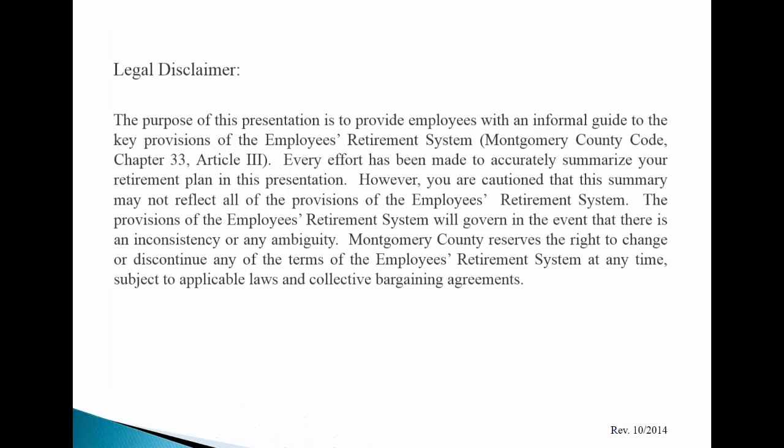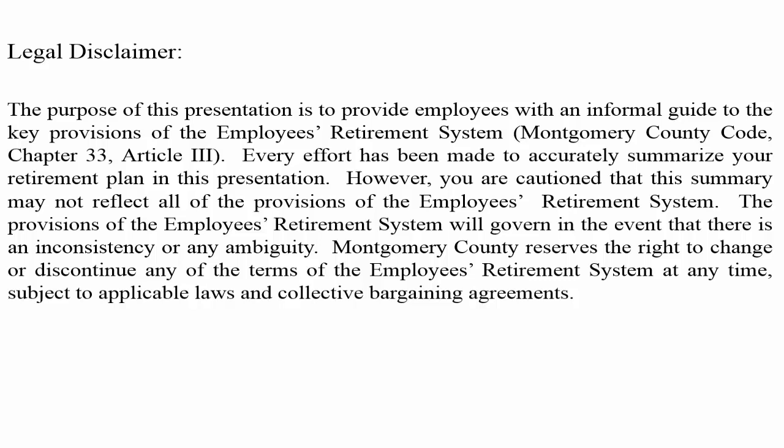The purpose of this presentation is to provide employees with an informal guide to the key provisions of the Employees Retirement System, Montgomery County Code, Chapter 33, Article 3. Every effort has been made to accurately summarize your retirement plan in this presentation. However, you are cautioned that this summary may not reflect all of the provisions of the Employees Retirement System.